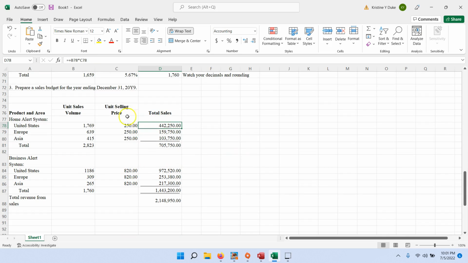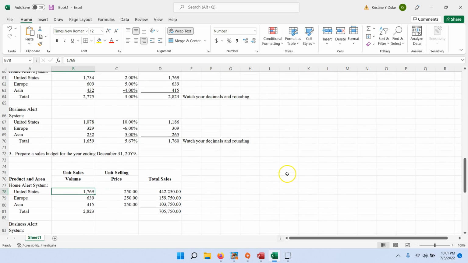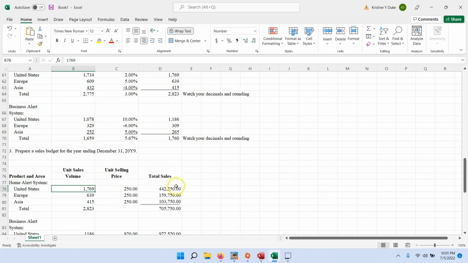Then I multiplied the sales volume by the selling price, which gives me my total sales. I also punched these in by hand. Even though I don't like to do that, I did, because it's going to give me the correct answer without any decimal places. And I did that all the way down.